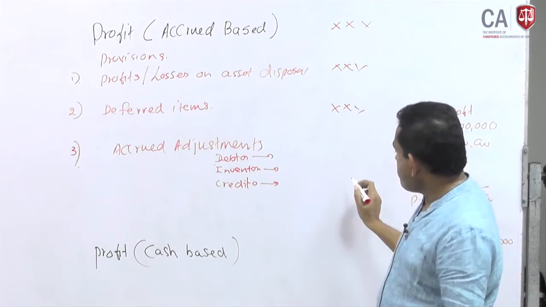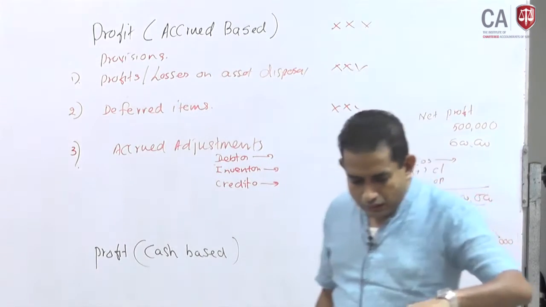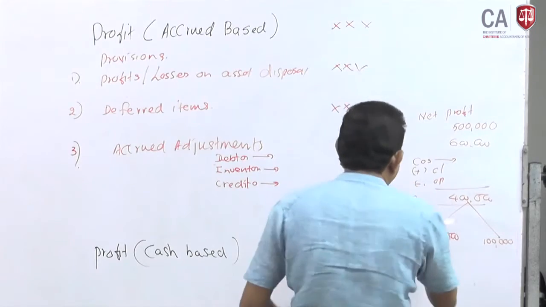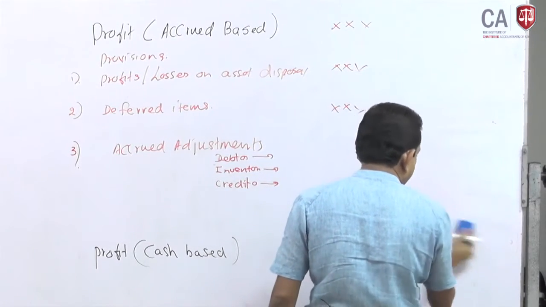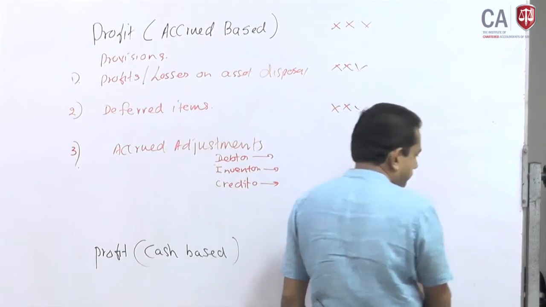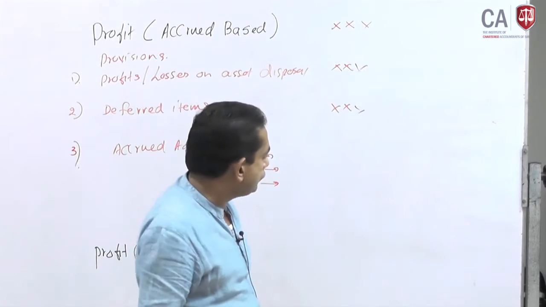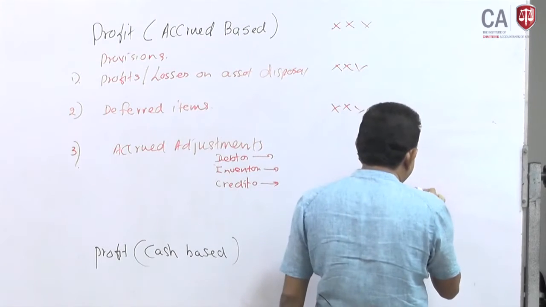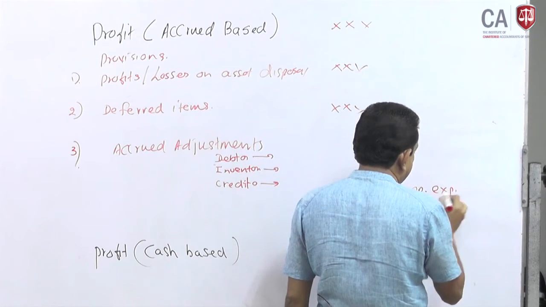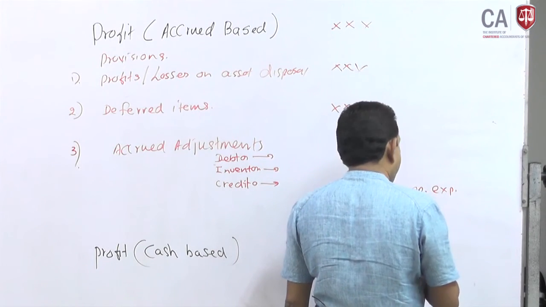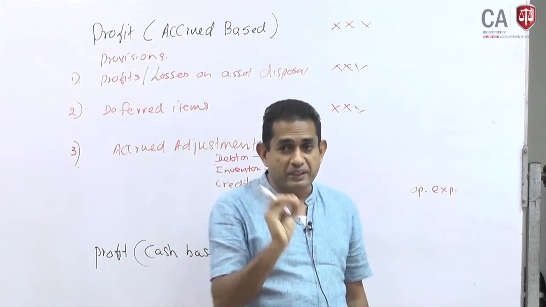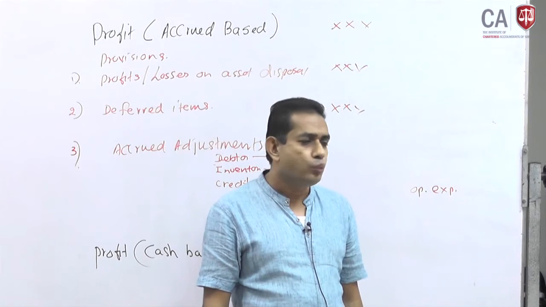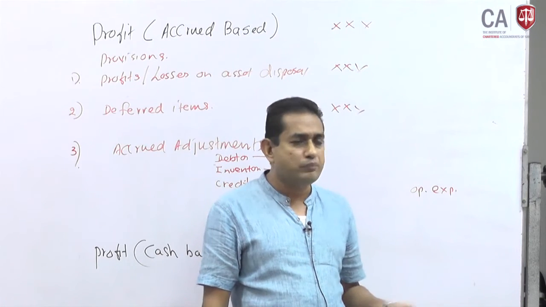Then we have, say, operating expenses. Right below the gross profit, we will just forget about other income for the time being. You have operating expenses. Now, as you determined operating expenses in the profit and loss, once again there would have been accrued elements.